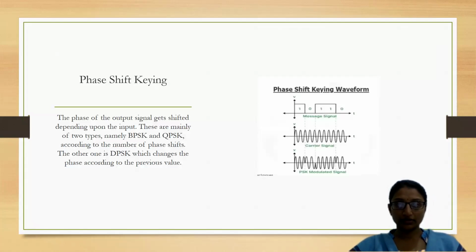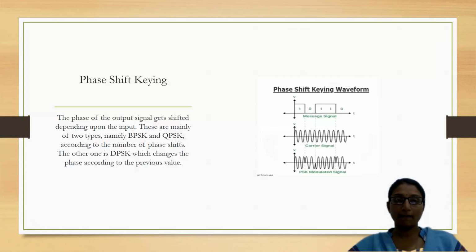Whenever the message signal goes from 1 to 0, you can observe a shift of 180 degrees, and from 0 to 1 also you can observe a phase difference of 180 degrees.